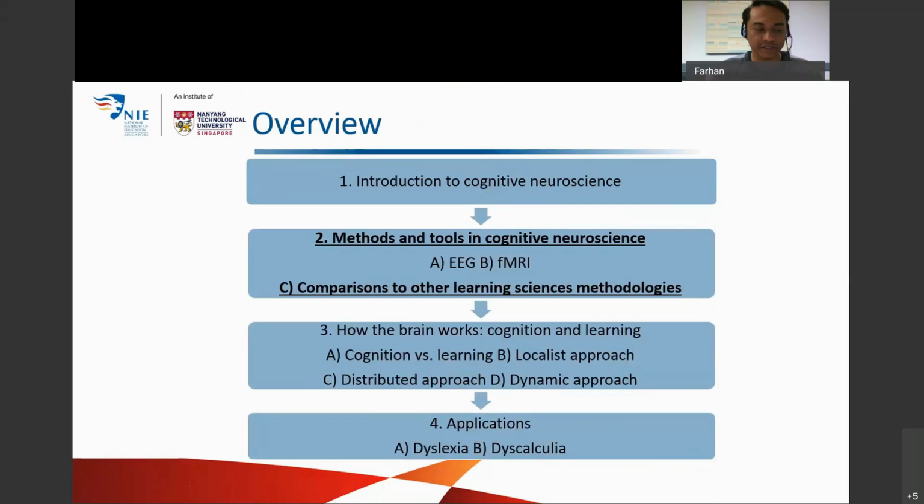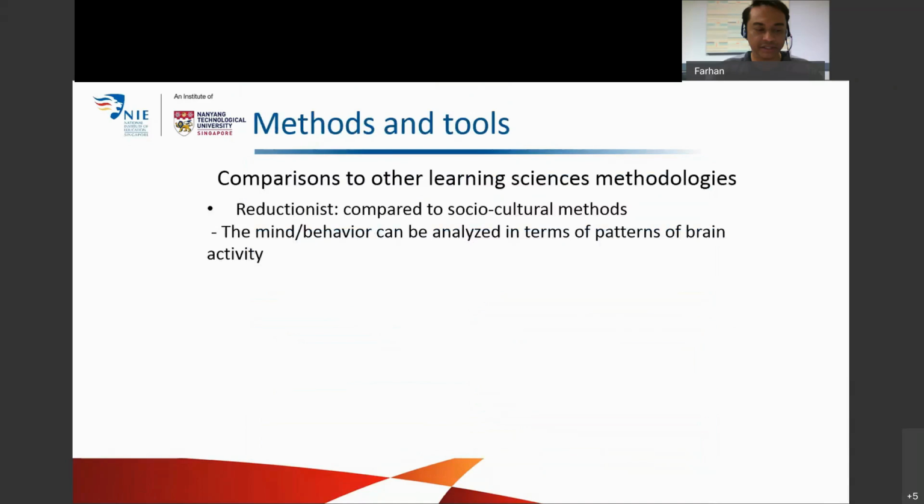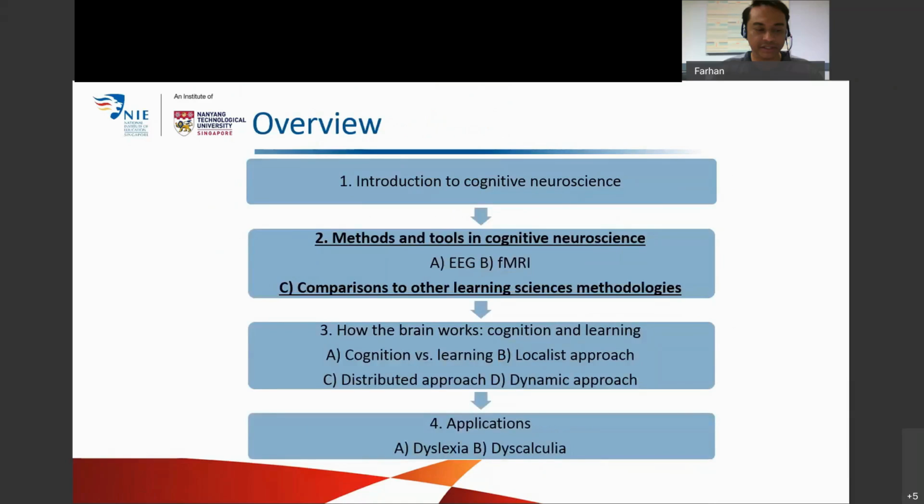So now let's move on to comparing cognitive neuroscience to other learning sciences methodologies. I feel this part is quite important so that you can situate cognitive neuroscience within the broader schema of methods in the whole course that you'll learn in the next few months.